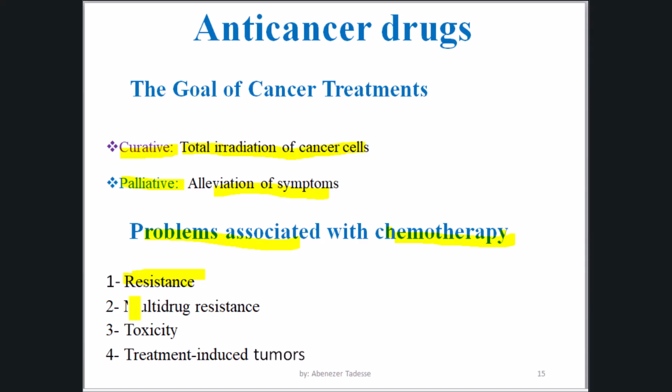Multi-drug resistance is mostly caused when various chemotherapeutic agents with different mechanisms of action are unable to cure the cancer, because the cancer cell becomes resistant to the various different drugs.